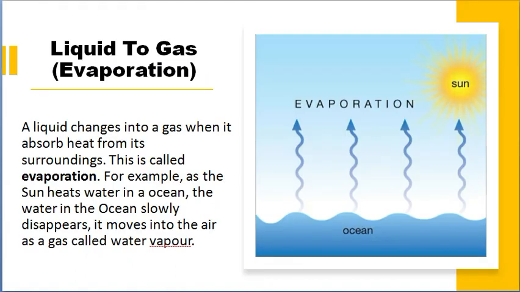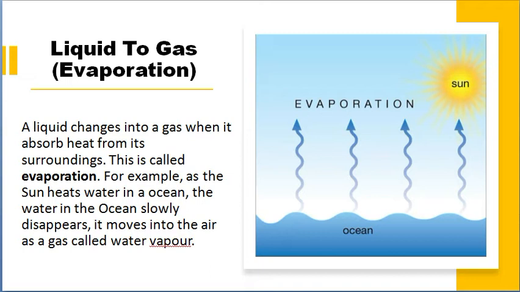Now let's learn about the next process, and the next process is evaporation. What happens in evaporation? Evaporation happens only from liquids to gas. A liquid changes into a gas when it absorbs heat from its surroundings. As you can see in the picture, the ocean is there, water is there, and when it absorbs the heat of the sun, the water becomes water vapor.